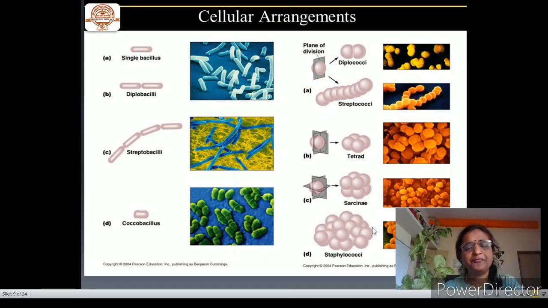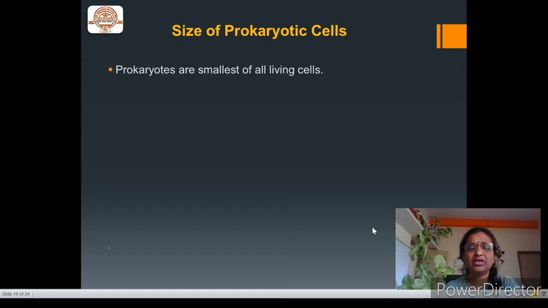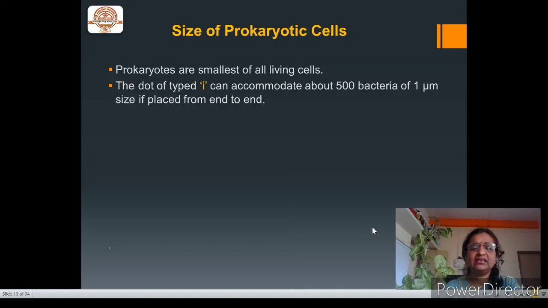Now we will go for the cytology of a typical bacterial cell, but before that, the size of the bacterial prokaryotic cell. Bacteria are the smallest prokaryotic cells observed up till now.